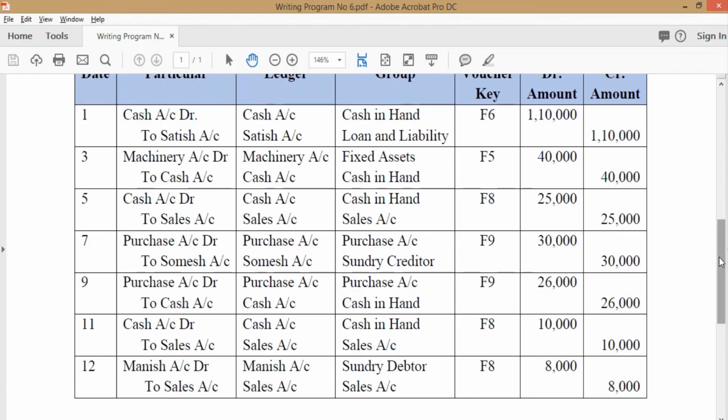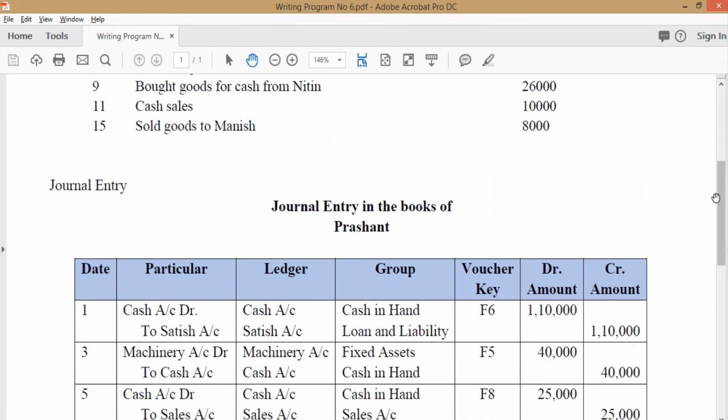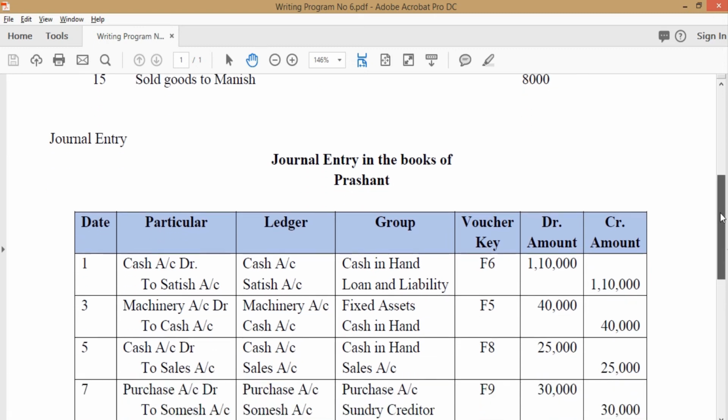And the last transaction for the example is sold goods to Manish. Here cash is not given by Manish, so Manish is a debtor and we should take the money afterward. So the transaction is on credit basis for 8,000.